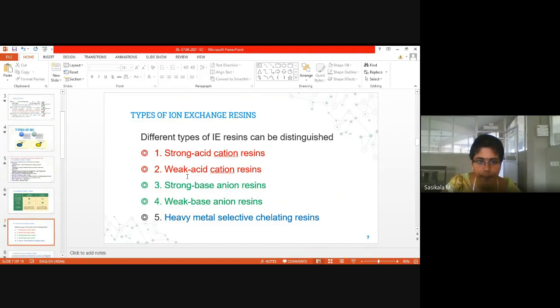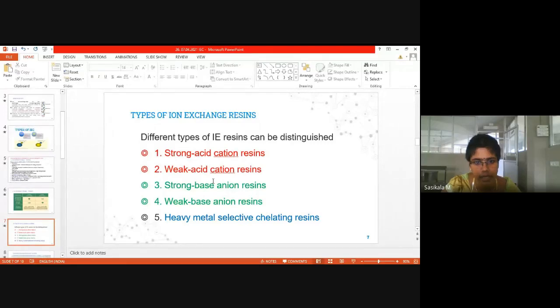Okay. This represents stationary phase only, different types of stationary phase in ion exchange chromatography. Stationary phase is called as ion exchangers or ion exchange resins. Stationary phase in ion exchange chromatography is called as what? Ion exchangers or ion exchange resins. There are two categories, cationic exchangers and anionic exchangers. In cationic exchangers, it is of strong acid and weak acid.